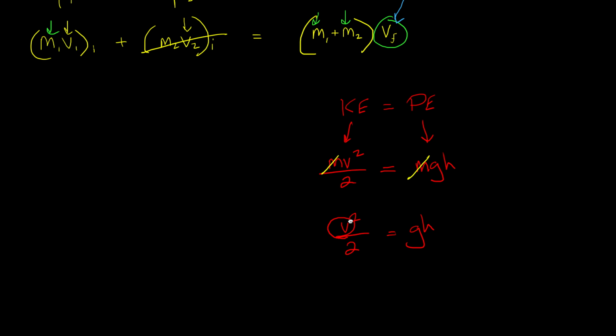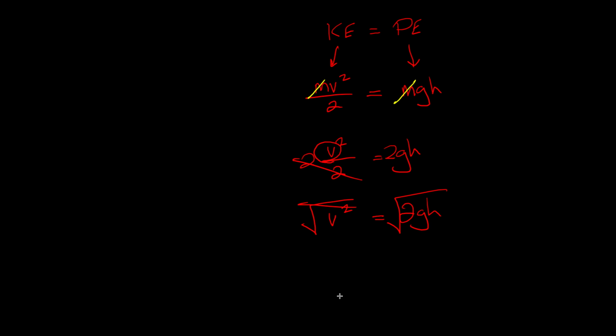We can solve for that by just taking the 2 and multiplying it on both sides like this. And so the equation can be rewritten as velocity squared equals 2 times gravity times height, which in this case, you notice that you got to take the square root. So the equation can now be revised to velocity equals the square root of 2 times gravity times height.